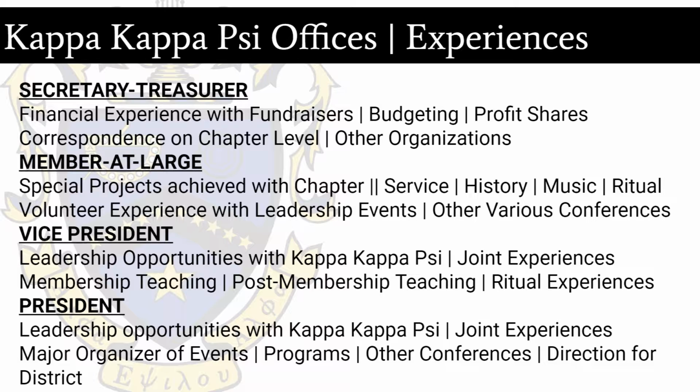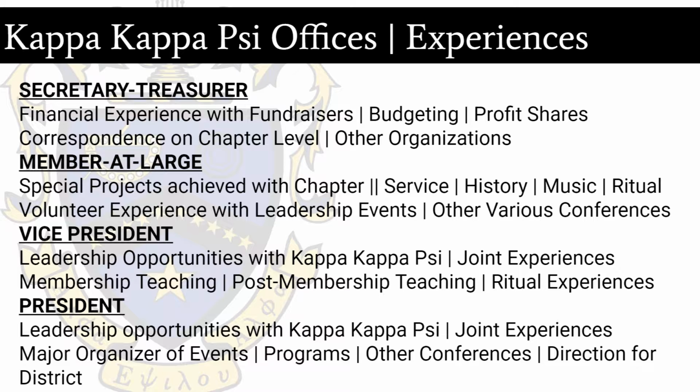For the member at large, talking about special projects within service or history or music or ritual. Vice President is talking about joint experiences, membership teaching, post-membership teaching, as well as ritual experiences.